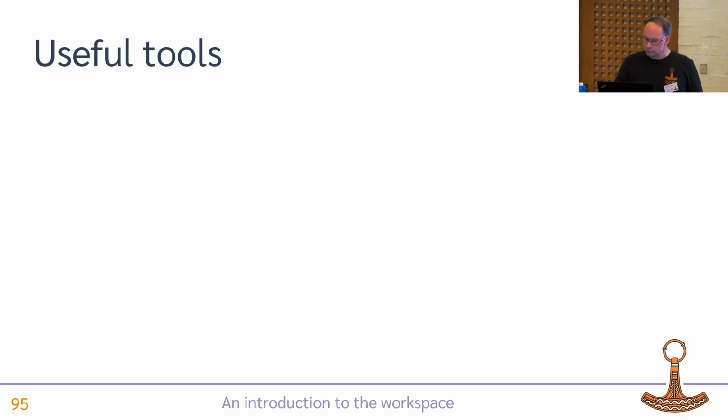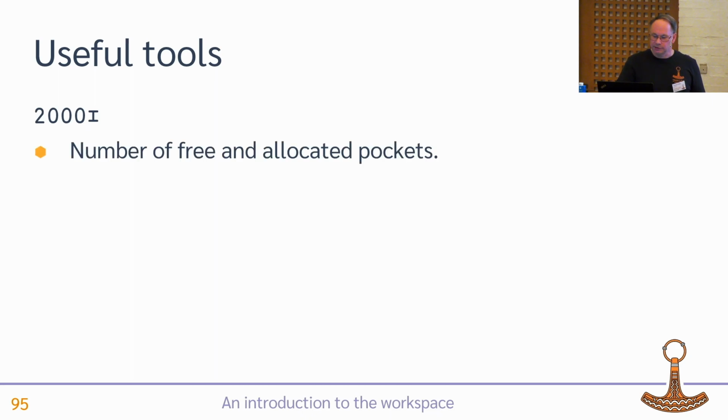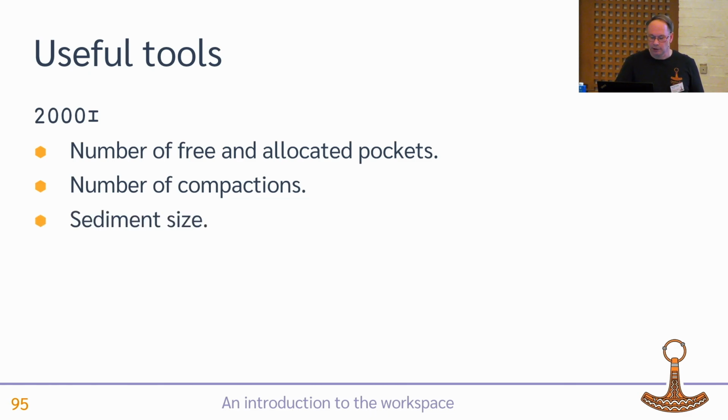So there are some useful tools, well, hopefully useful tools, that you can use with this to see what's actually going on, now that you have a bit of an understanding about what's going on there. There's this iBeam 2000. This can tell you various things, like the actual number of free and allocated pockets in your workspace, the number of compactions that have happened either since the start or since you reset the counter, the size of the sediment, that group of allocated pockets that sits at the bottom of the workspace.